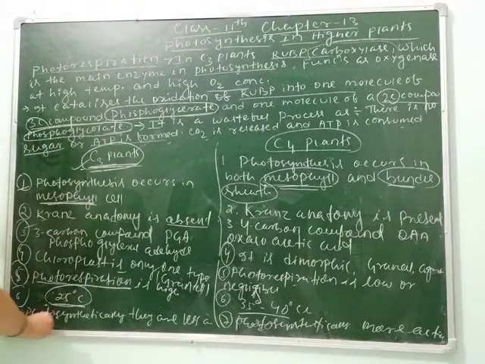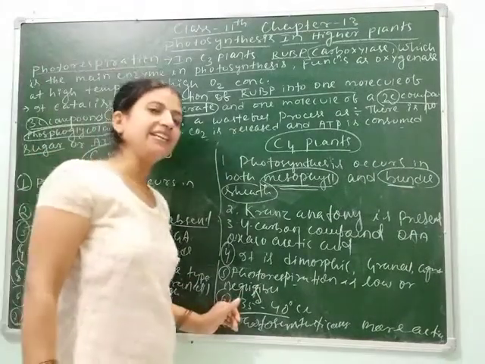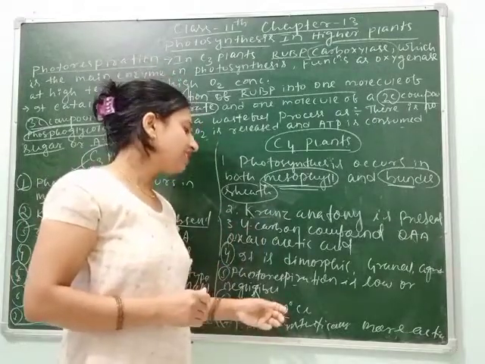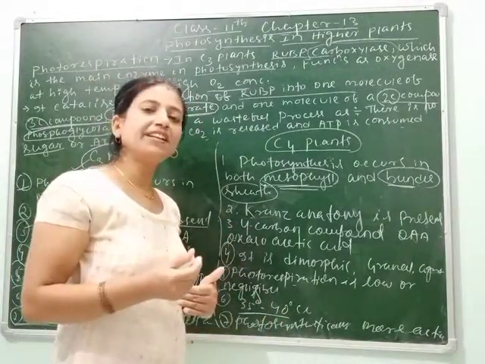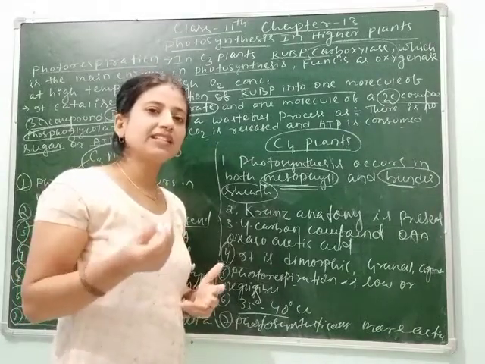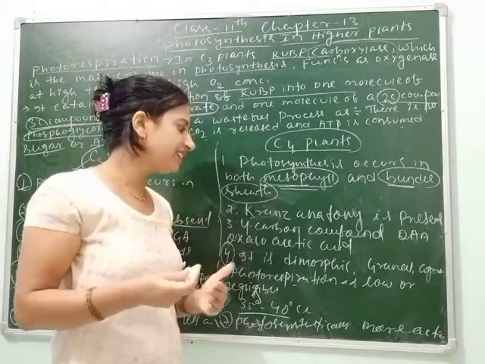Again, C3 is photosynthetically less active, meaning photosynthesis occurs very slowly, whereas C4 plants are photosynthetically more active. It means the rate of photosynthesis is high.